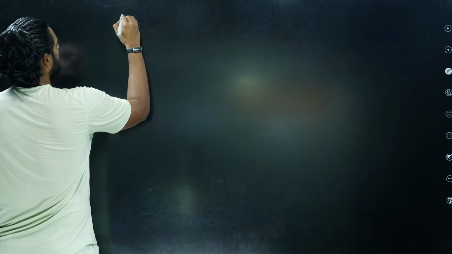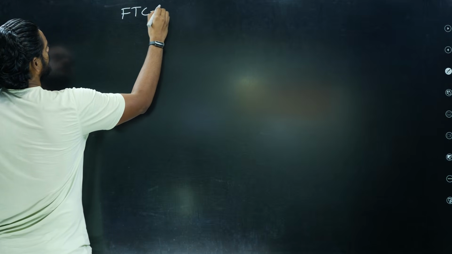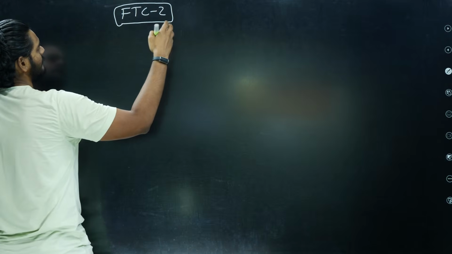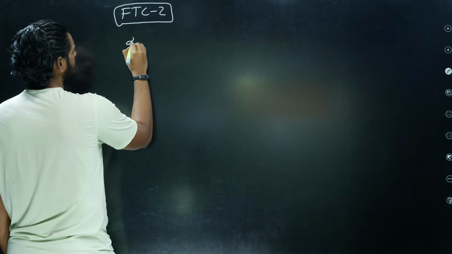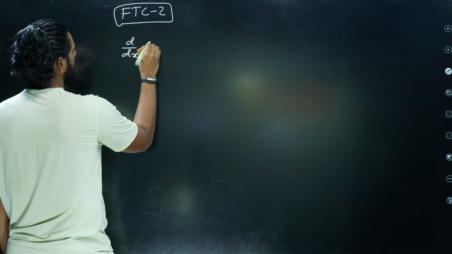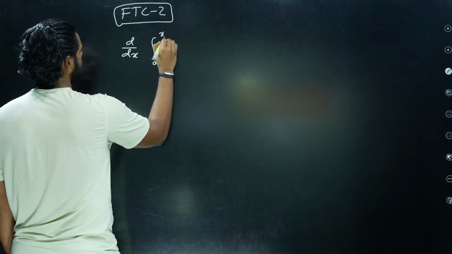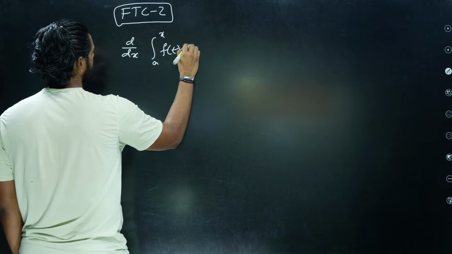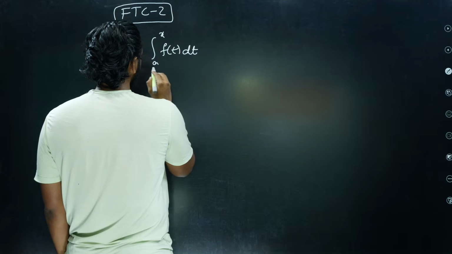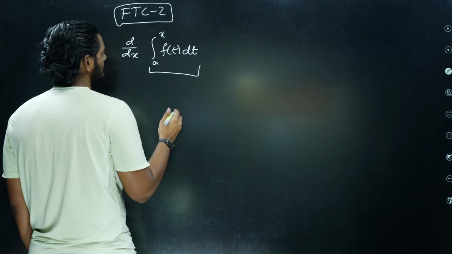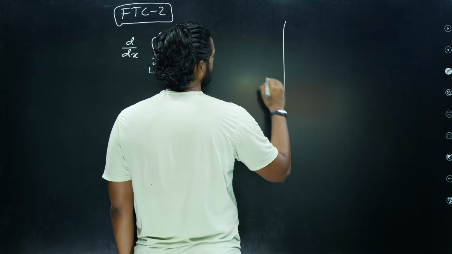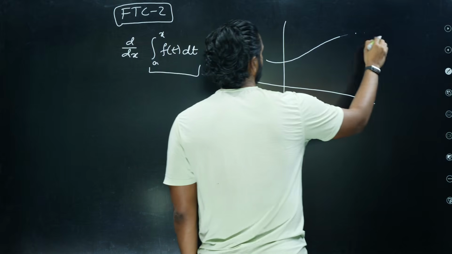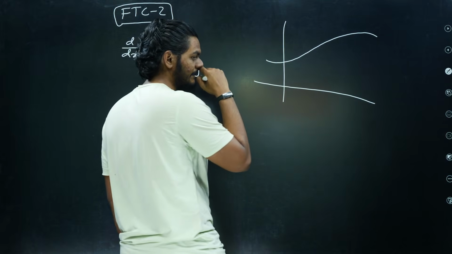So I'll be talking about fundamental theorem of calculus 2. Why does that come? From this you can try to exercise this on your own. What is the differentiation of the integral from a to x of f of t dt? You can call this a function, but what is it actually? Let's say we are talking about f of x being a continuous function.